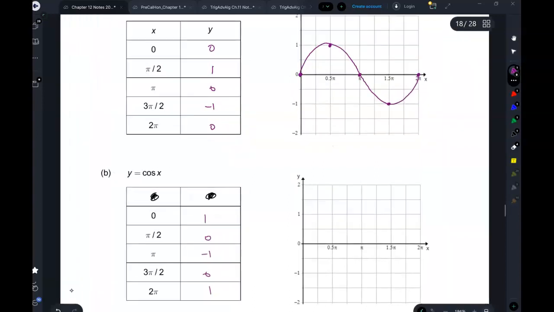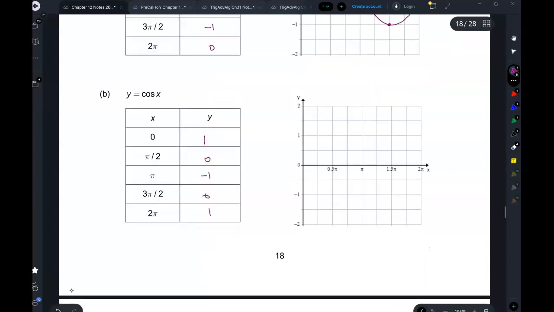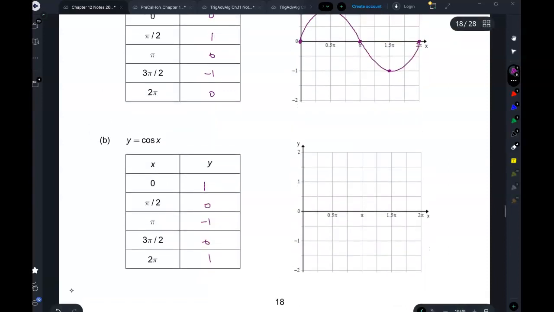So now, let's put these things back. How many points? 5 again. When x is 0, y is 1, then 0, then negative 1, 0, and 1. Okay, again, do you see how the points are centered around this? They just go 1 away on either side, and that's it.